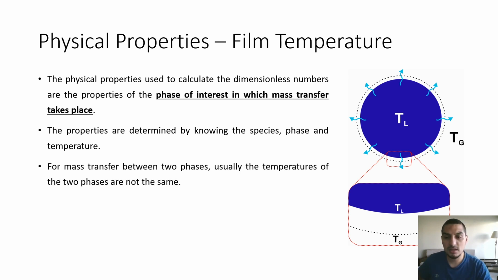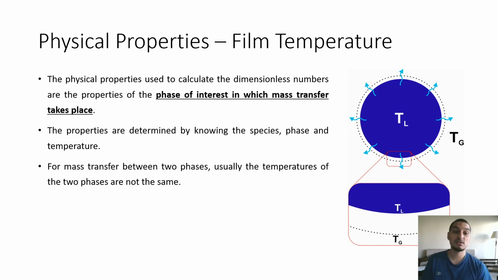And in a case like this, for a water drop that's evaporating, you will have a difference in temperature between the water drop and the air, and this is something that you can expect. We know from energy balance and from psychrometry and many other things that there is a difference in temperature between the water drop and the air surrounding it.